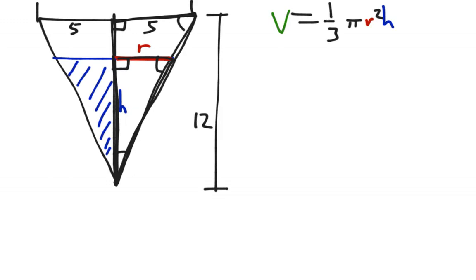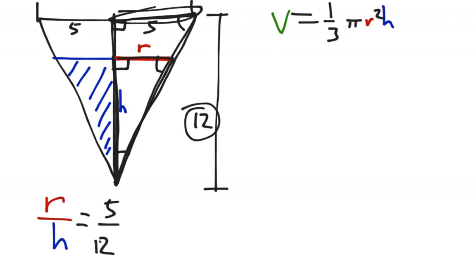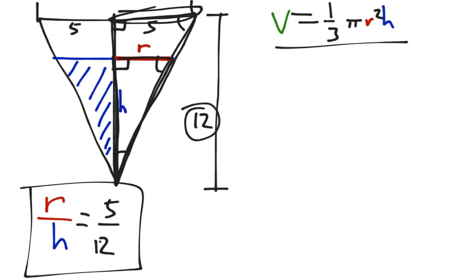And so what this means is that the ratio of r divided by h is going to equal 5, which is the radius of the entire tank, divided by 12, which is the height of the entire tank. This is the key to this problem, and that's why it's a hard problem, because not only do we have to have the original equation, but we need to supplement it with another equation.